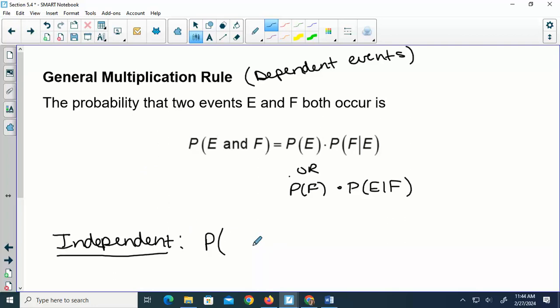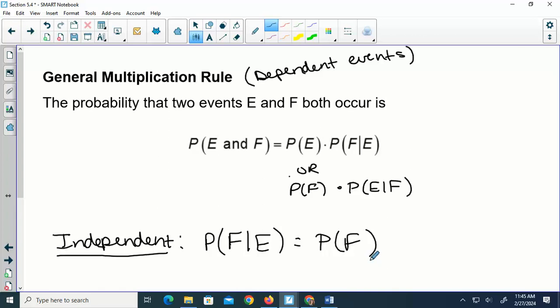So the probability of one thing given that the other already occurred, so the probability of F given E. For example, the probability of you eating a chicken patty today, given that I wore black shoes. Are you going to be more likely to eat a chicken patty because I have black shoes? No, does that have any bearing on it whatsoever? So if they're independent, the conditional probability is the same as the regular probability. It didn't change even if we knew this other fact.